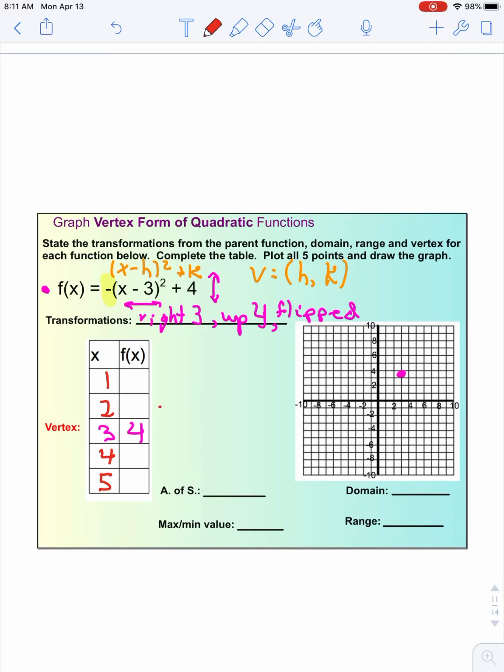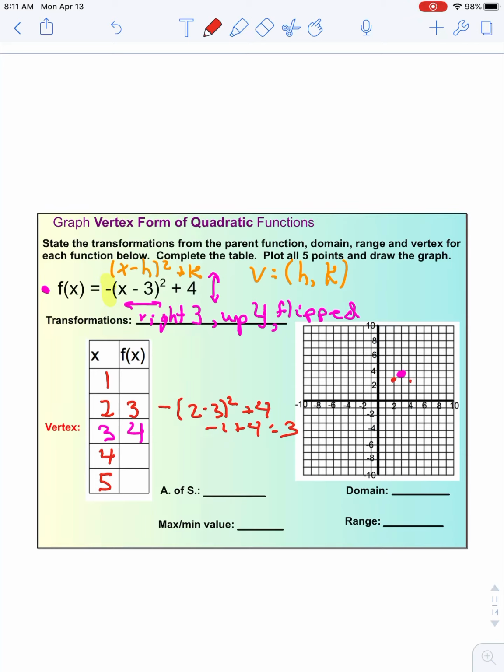So in this case, I would have 2 minus 3 squared plus 4. Well, 2 minus 3 is negative 1, and negative 1 times negative 1 is positive 1. Now I take the opposite, so I'm going to get negative 1 plus 4, which is going to give me 3. So I have the ordered pair 2, 3. So I go 2 and I go 3.